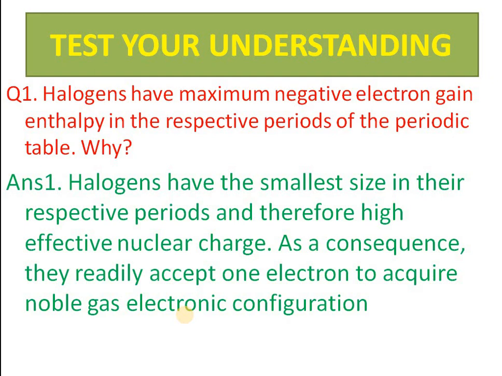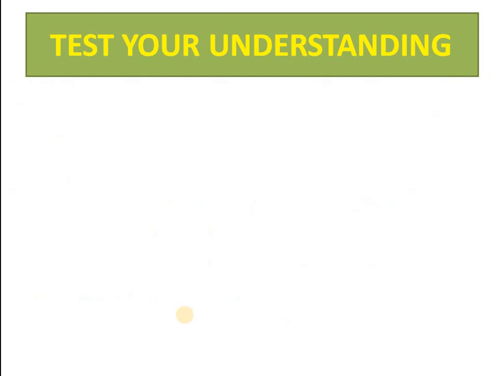To complete the octet, one electron is needed, there is a shortage. So the effective nuclear charge will increase as we move from left to right. Therefore, the energy released when an electron is added to a neutral isolated gaseous atom will be more for halogens. Once they accept an electron, they acquire the stable noble gas configuration, therefore getting stability.